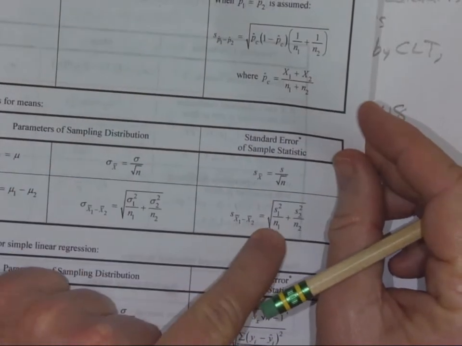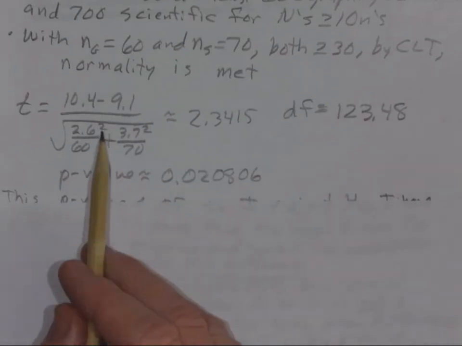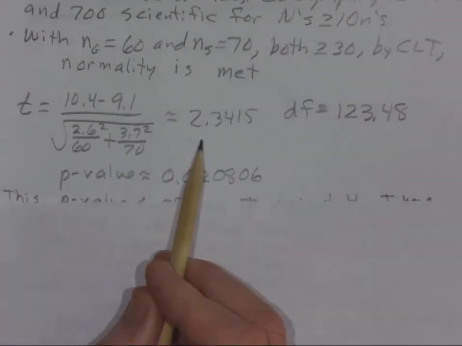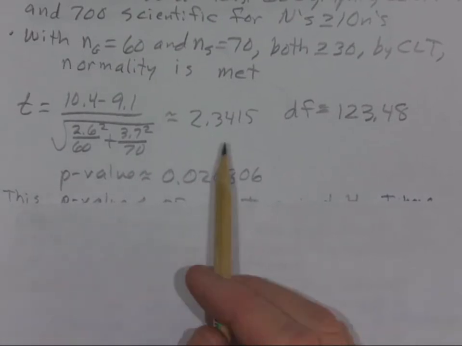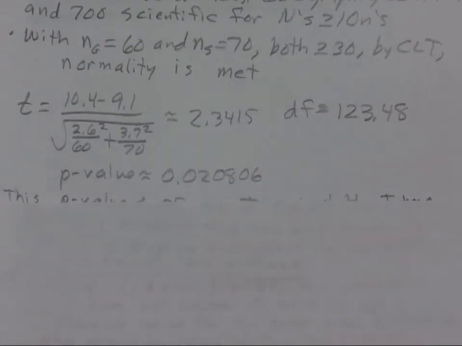And the standard error of the statistic, there it is for the two samples, right there. I just entered those values in and got that, and then you could do tcdf from 2.3415 to infinity with that degrees of freedom and multiply it by 2 to get that.